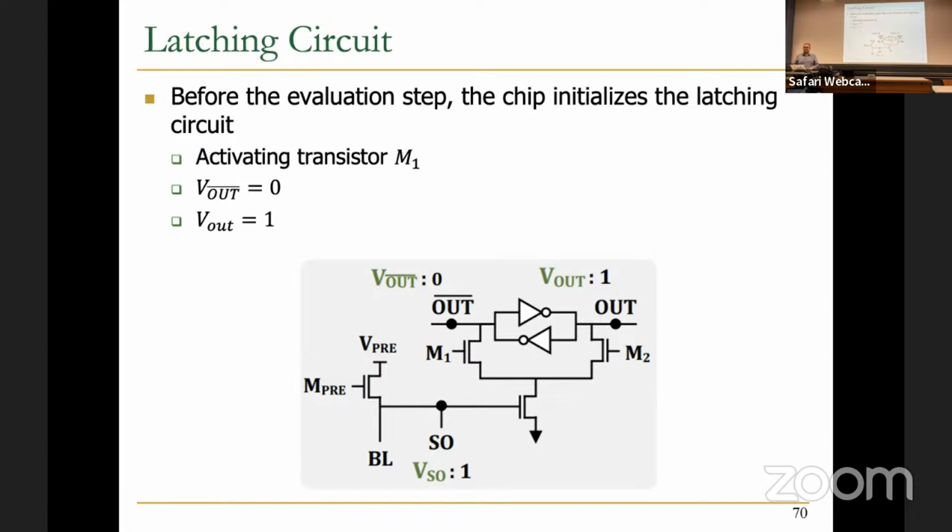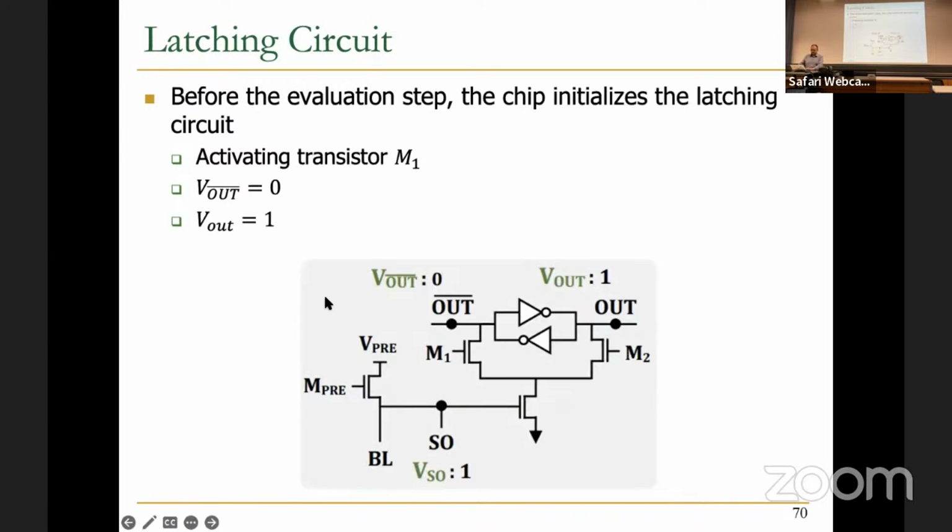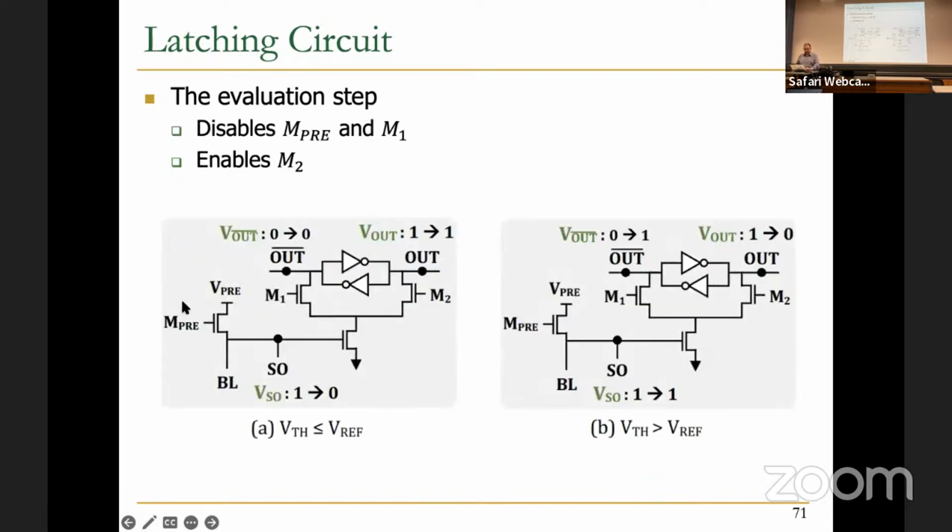Any guess? How can we evaluate it? For the evaluation step, you need to disable this pre-charge transistor. And then also disable M1 and then activate M2. Correct? So now let's see what happens, essentially. When you deactivate this pre-charge, assuming that you have also applied reference voltage to that transistor.